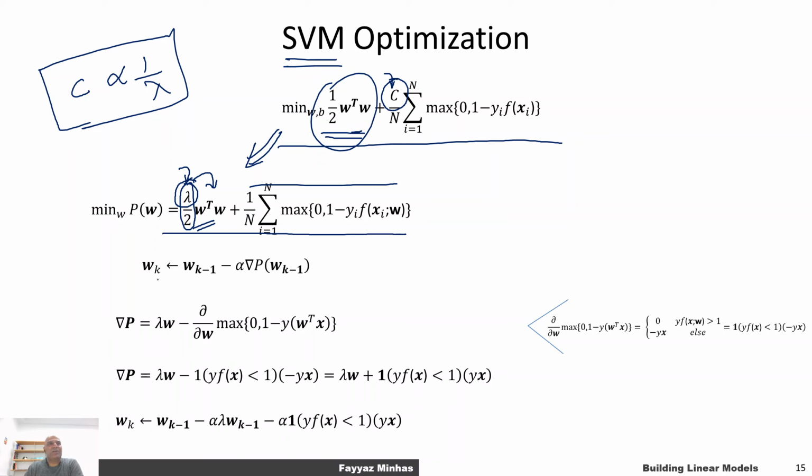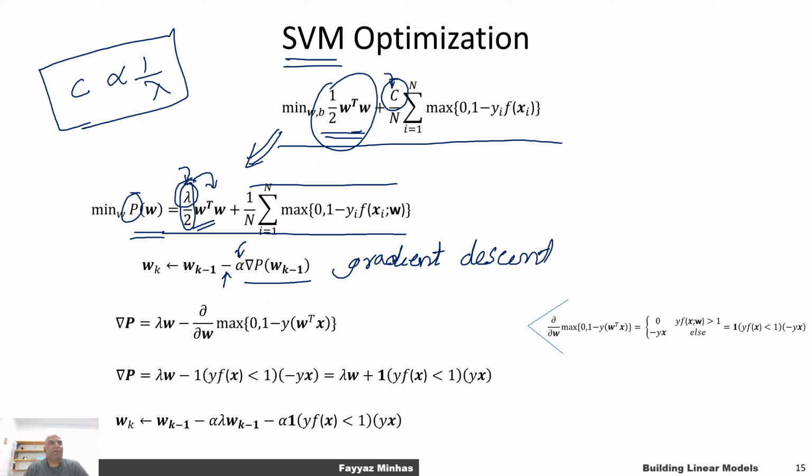So we want to calculate the gradient of this objective function that I've denoted with P, and then take a step of an amount alpha in the direction opposite to the gradient. This is the gradient descent algorithm, and that's what we are going to do.